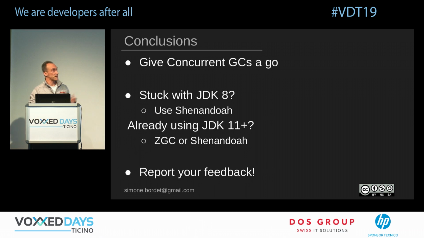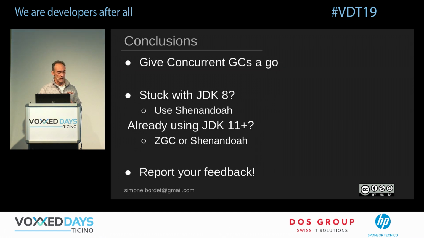Just to give you a couple of numbers from my own testing, for my own application: I ran one of the benchmarks that we have for Jetty and another project called CometD. The load that I imposed on this benchmark was something like 5 gigabytes per second allocation rate, which is quite a lot.